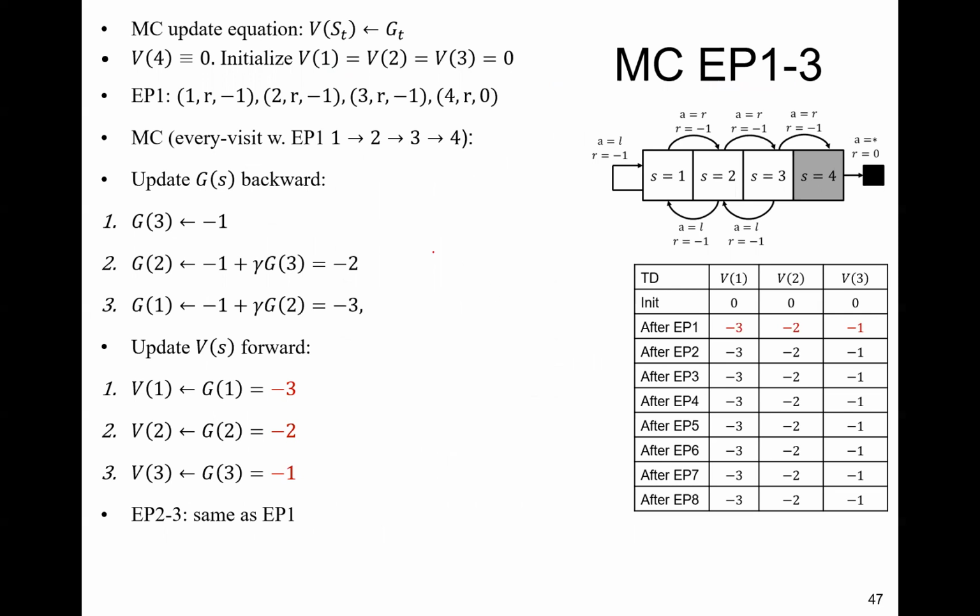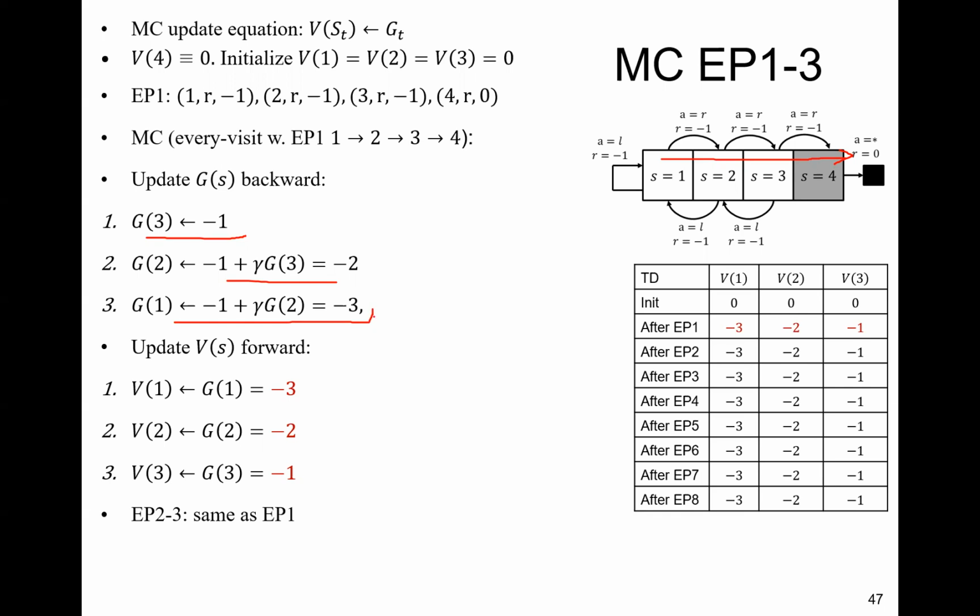So episode 1 is 1, 2, 3, 4. So you update the return backwards to get these return values. So every step has a cost of -1, so it's pretty reasonable to have these values. So -3 indicates that from 1, the best return, the fastest way to get to the terminal state, is 3 steps.